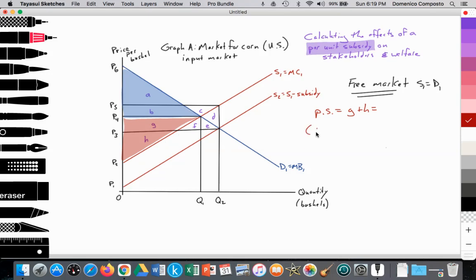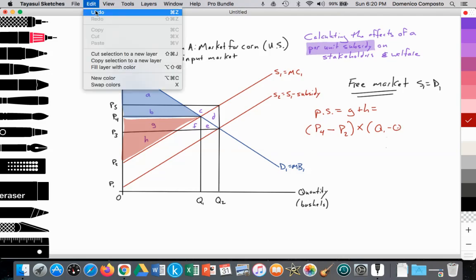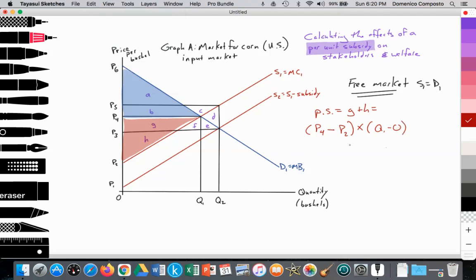So that's going to be the variable of P4 minus P2 multiplied by the base of Q1 minus 0, or just Q1. And all of that divided by 2, and that will give us this producer surplus. Okay. Now let's look at social surplus. That can be asked as well.